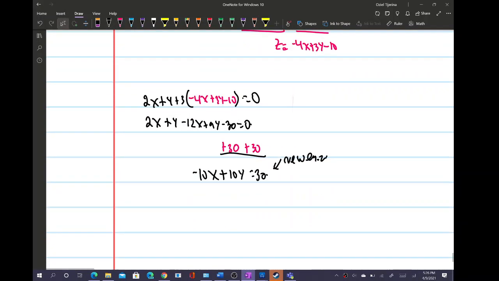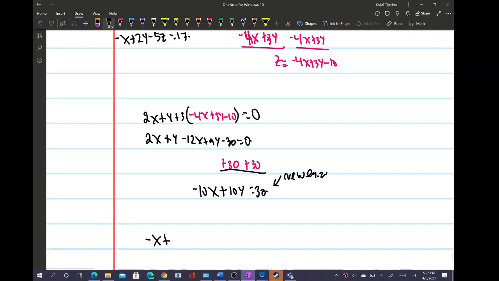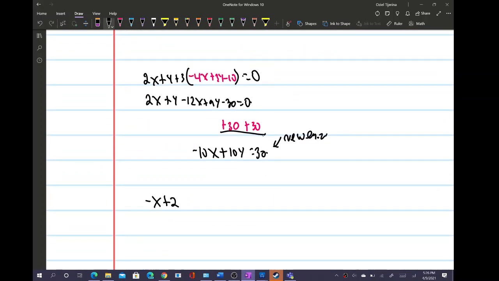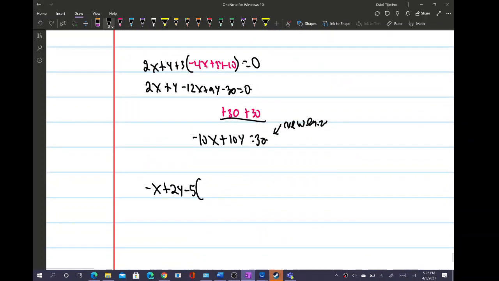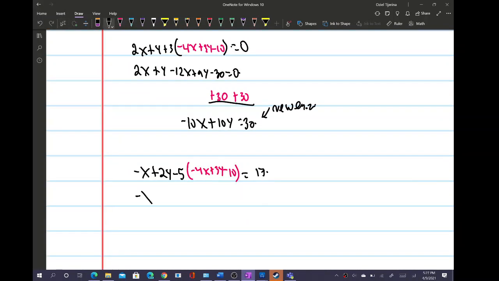And then you're going to do it for the third part. So negative x plus 2y minus 5 times the quantity negative 4x plus 3y minus 10, right? And then you're going to do the distributive property, so you distribute your negative 5 in, so you have plus 20x minus 15y plus 50 equals 17.